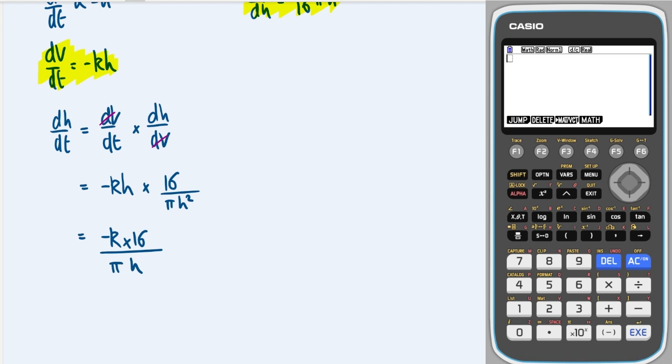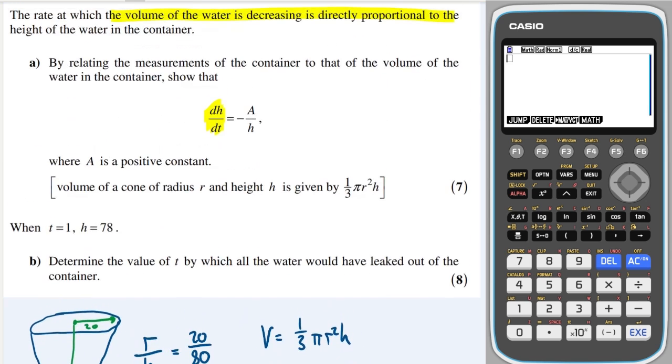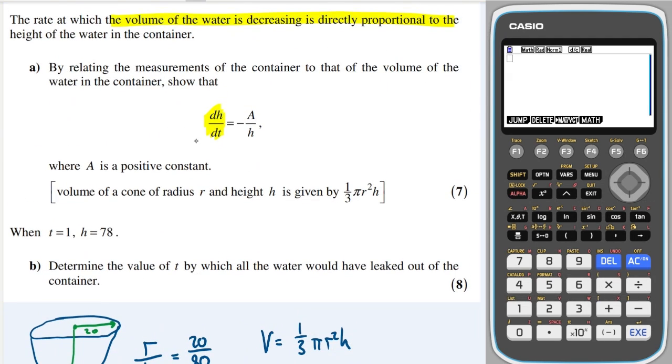And then what we could do is a constant swap, where we can say that capital A is the same as k multiplied by 16 over pi, which will allow us to write that dH by dt is equivalent to minus A over h. And I believe that is what we were asked for. Beautiful.